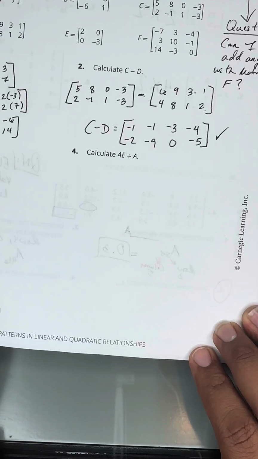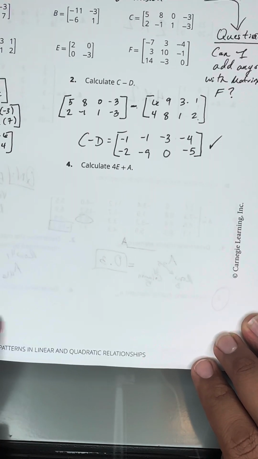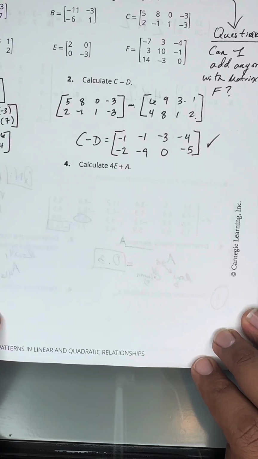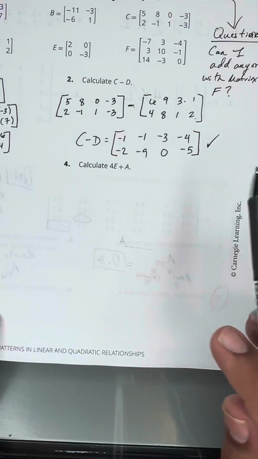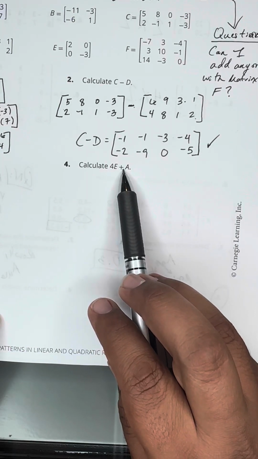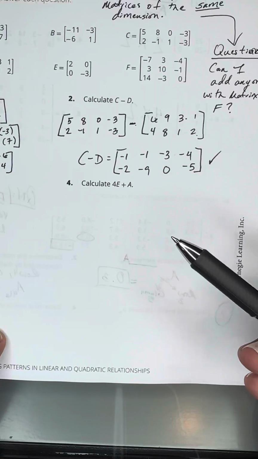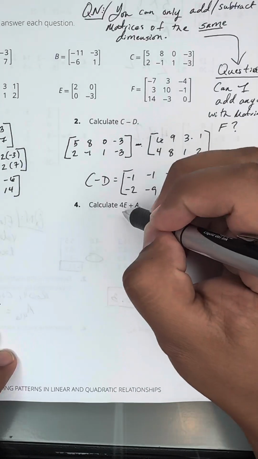Looking at number 4. Two-step process, if you remember PEMDAS: parentheses, exponents, multiplication, division, addition, subtraction. Right here we have multiplication and addition. We got to take care of the multiplication first. So 4 times E, I'm going to do that real quick.